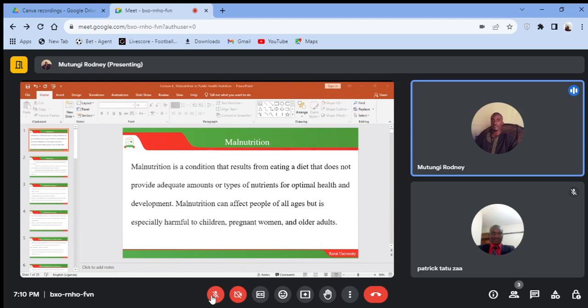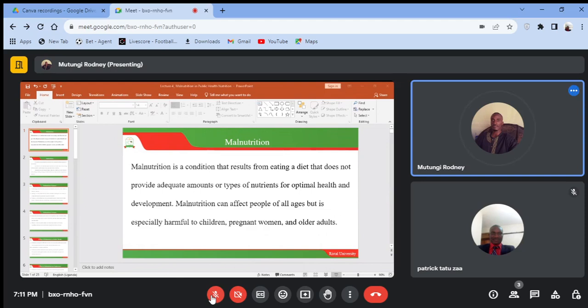So when you take more nutrients than what is required, the body will convert this excess into body fat, and when this body fat becomes a lot, it can lead to obesity and its related evils like diabetes and other chronic diseases, especially those that affect the heart, like heart disease, heart attack, stroke.